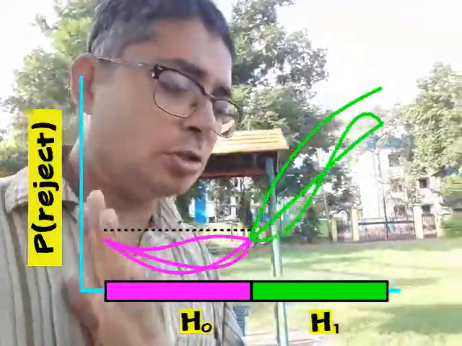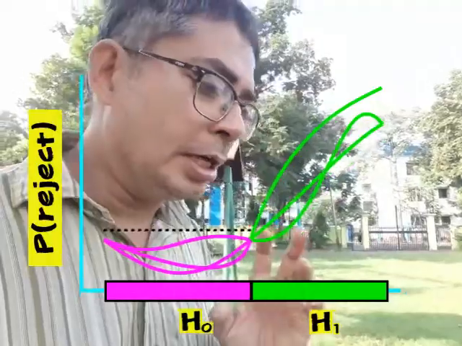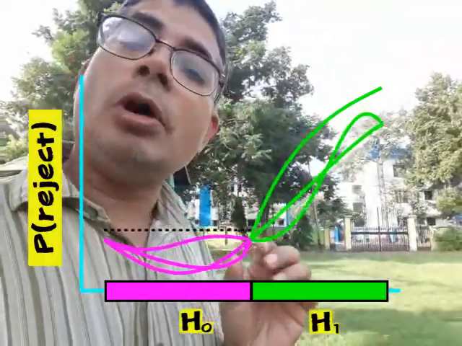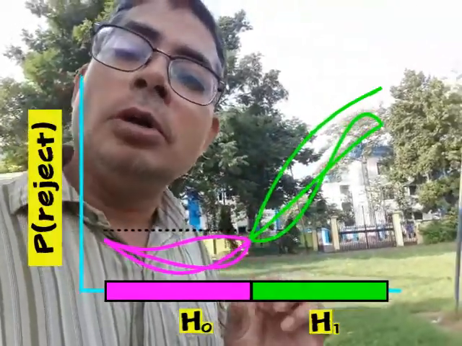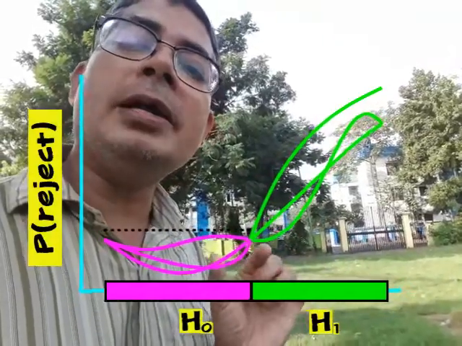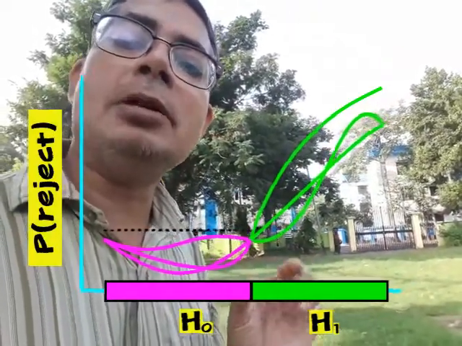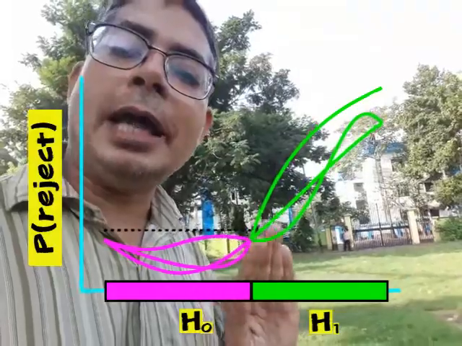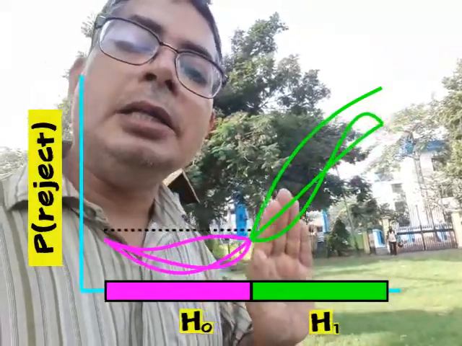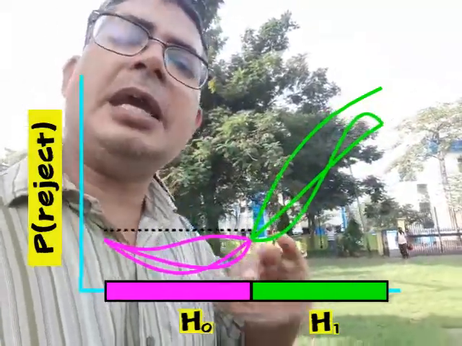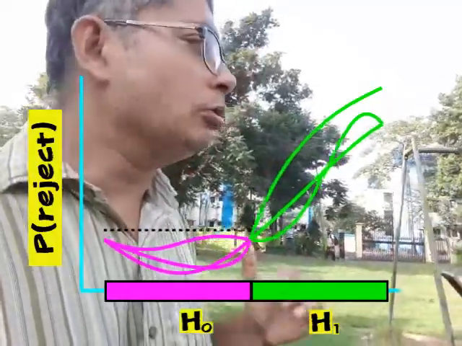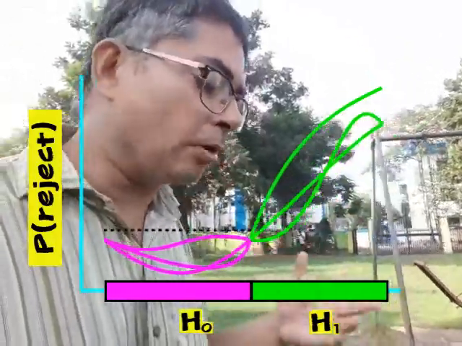Far out inside H0, no problem. But the border region is where you are worried. So you often go for tests that will beat the other tests over a neighborhood of this. You take a neighborhood of this point on the H1 side, not on the H0 side. And if you have a test that beats everyone over that neighborhood, you call it a locally most powerful test.